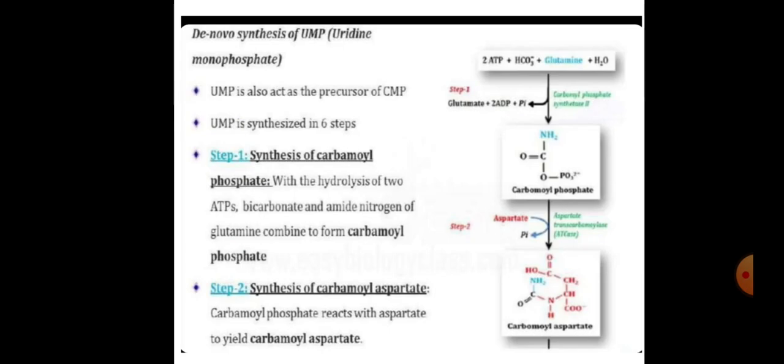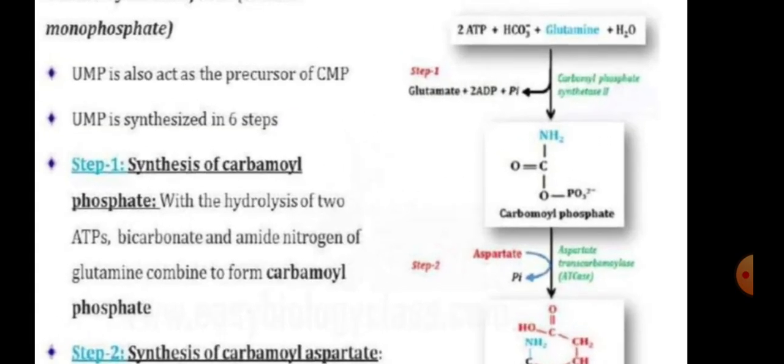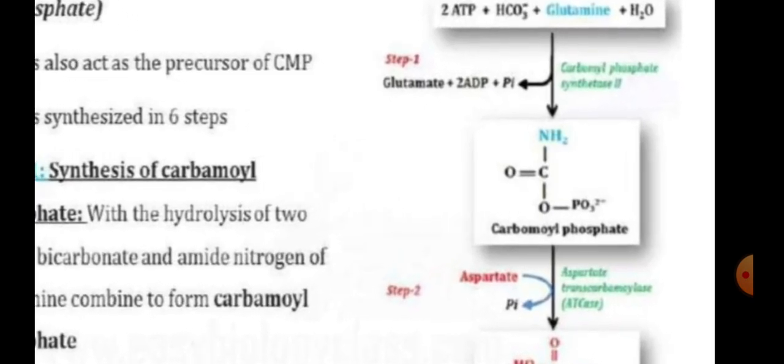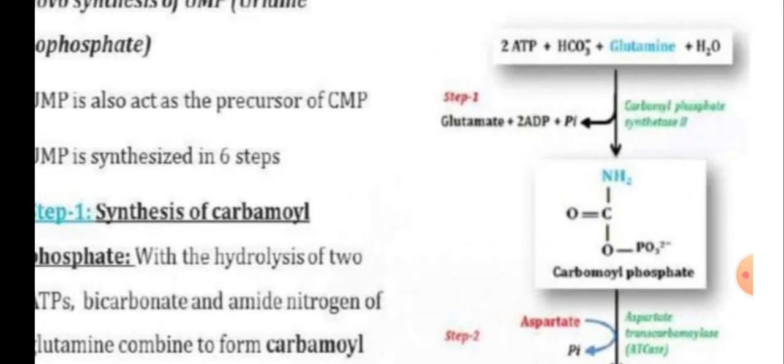The first step is the synthesis of carbonyl phosphate with the hydrolysis of 2 ATP. Bicarbonate and amide nitrogen of glutamine combine to form carbonyl phosphate. In the first step, glutamate is formed, and it requires the ADP plus inorganic phosphate.